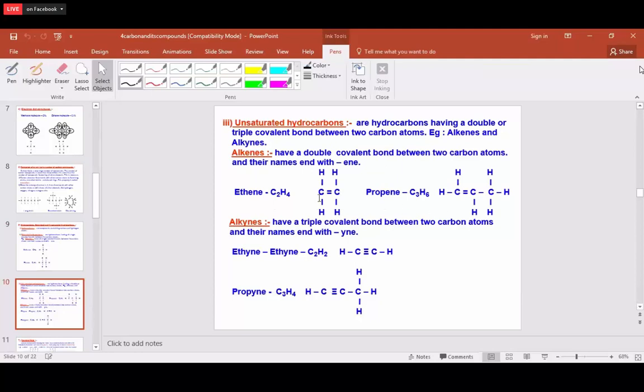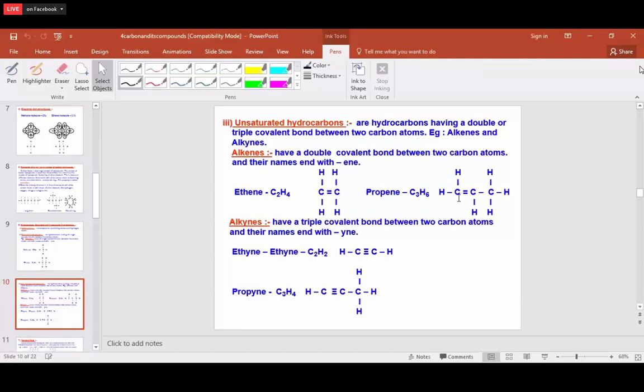In propene, the double bond means we should not write C double bond C double bond C. It's not like that. Only one double bond will be present. Either you place it as C double bond C single bond C, or C single bond C double bond C. Only one double bond should be present in a straight chain. So this is the unsaturated hydrocarbon.